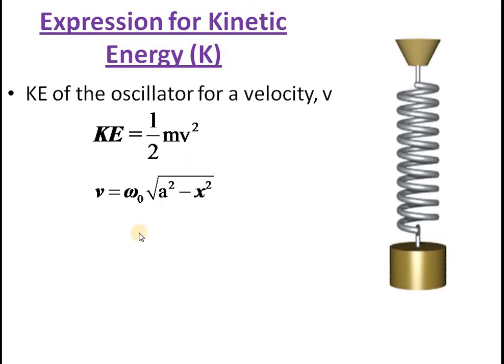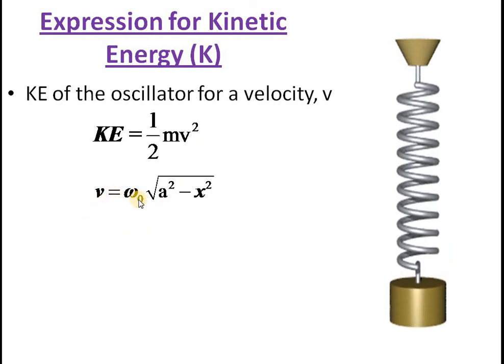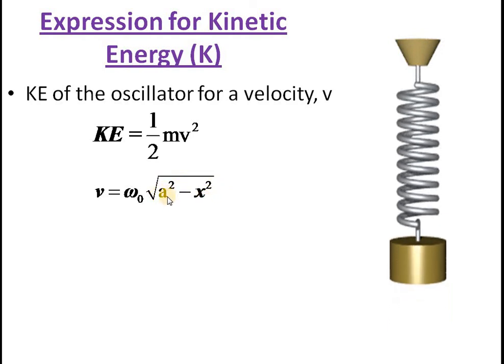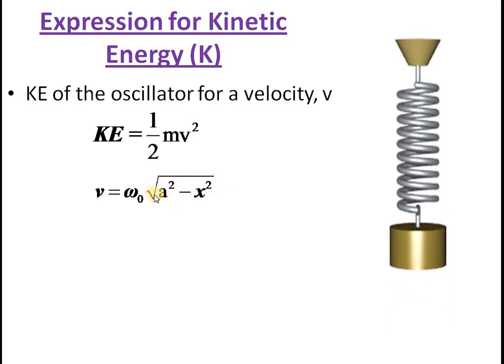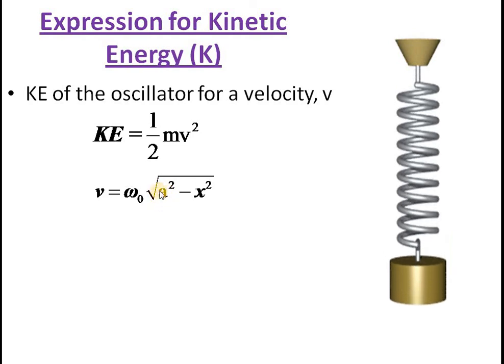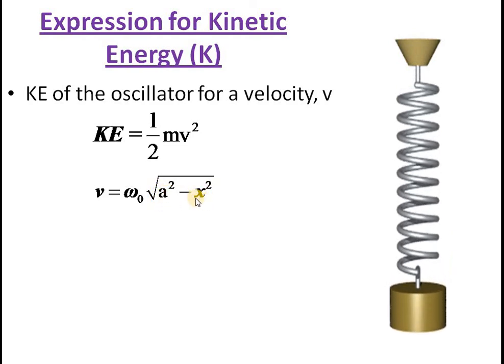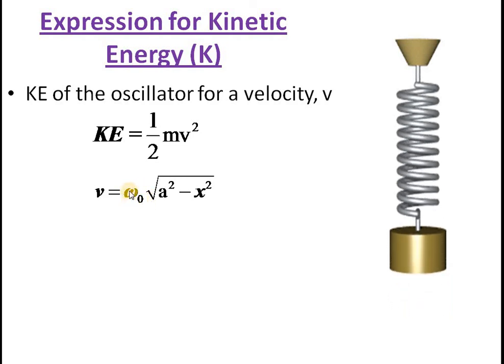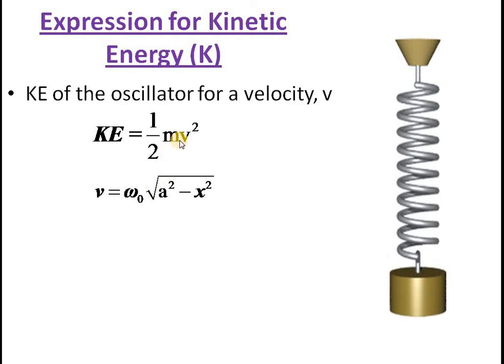In the last video we saw that velocity was equal to omega 0 into the root of a square minus x square, where a is the maximum displacement or amplitude, x is the displacement at any time instant, and omega 0 is the angular frequency of the oscillator.